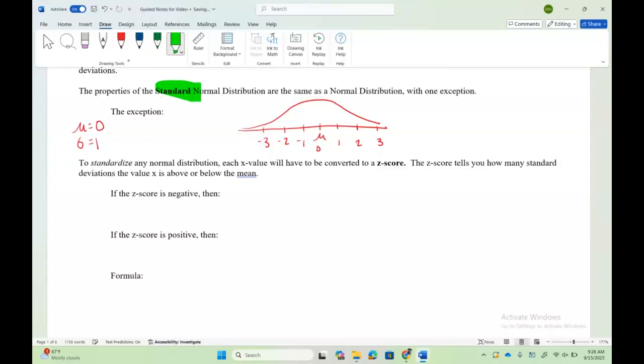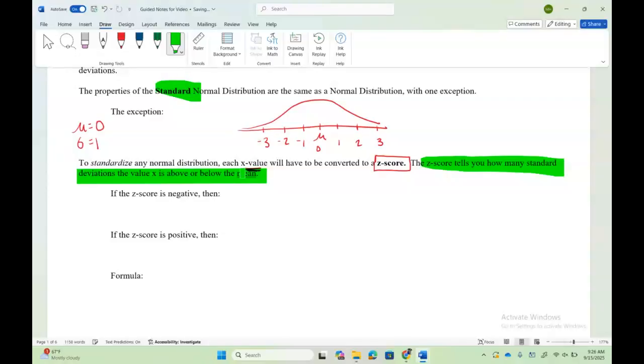When we standardize it, we'll convert these values to something called a z-score. Each data point, each x value, will be converted to a z-score. The z-score will tell you how many standard deviations the x value is above or below the mean.